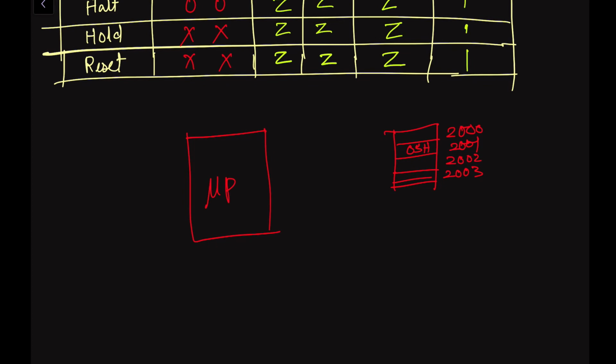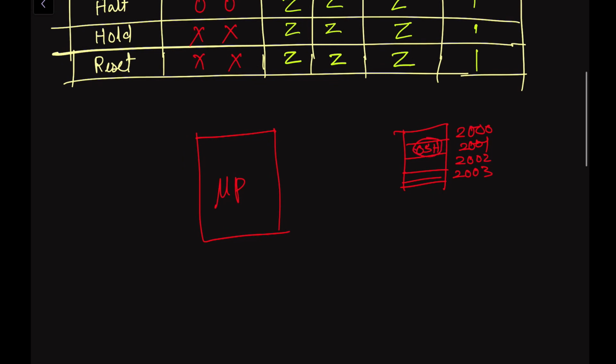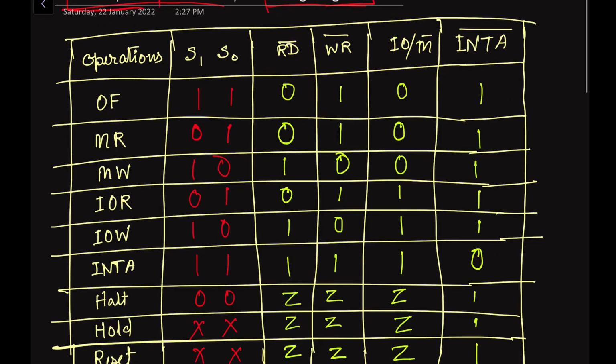When we read the memory, that means this data, suppose we want to read this data, will be transferred to the microprocessor unit. So this is nothing but the memory read operation, and we have to draw the timing diagram for this memory read instruction machine cycle. Okay, so first of all we have to understand the various timing and signal properties.